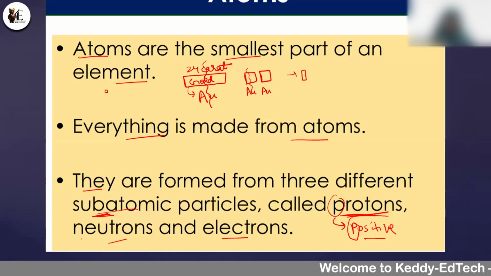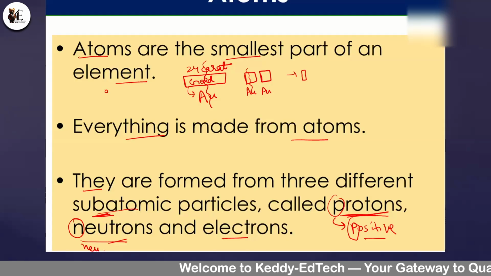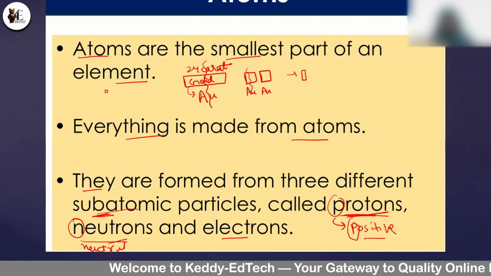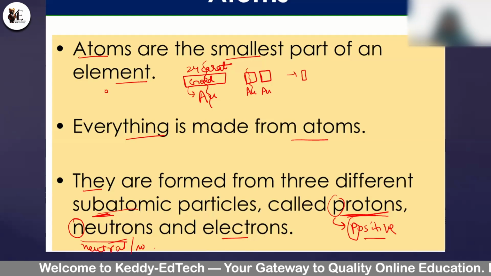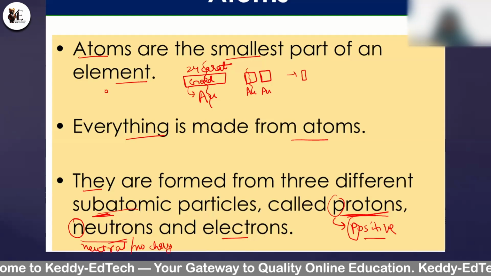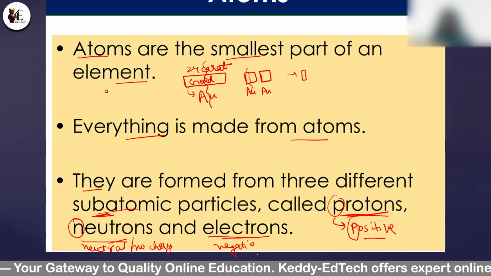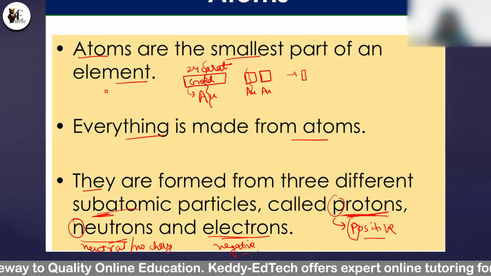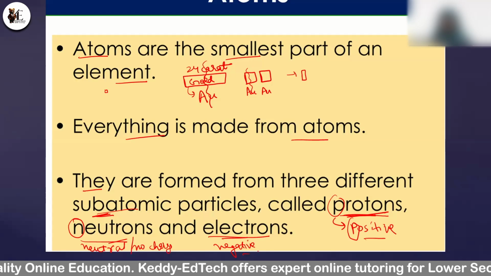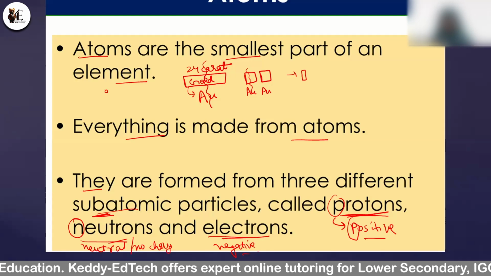Neutron, remember N to N, neutral. Neutral means no charge. An electron is a very negative energy. Electron is negative. It is a very bad thing. Proton is positive, electron is negative, neutrons are neutral. Is it okay?